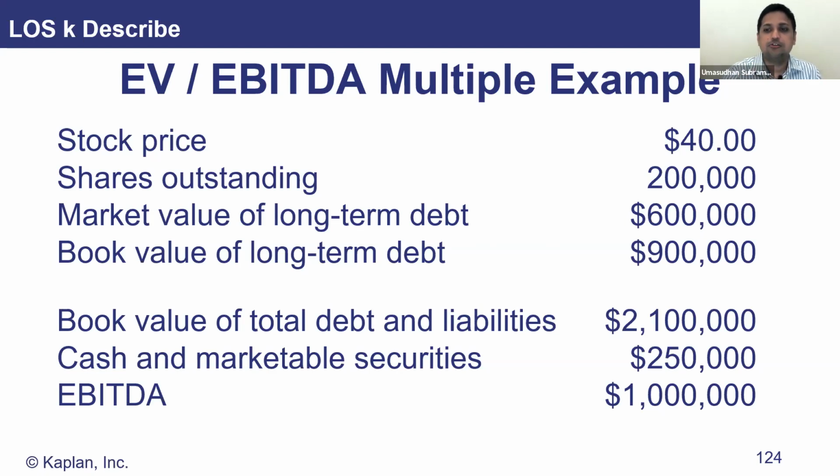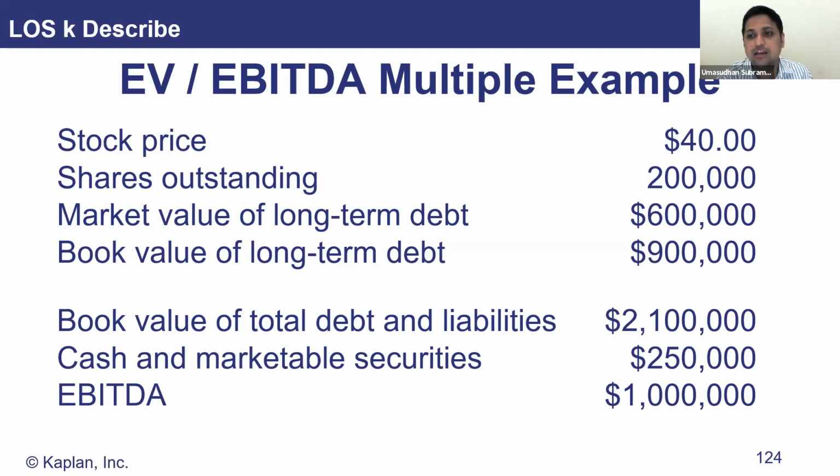However, there is a short-term debt for which the market value is not given. So I would assume that the market value of short-term debt and the book value of short-term debt are one and the same. In this particular case, your book value of long-term debt is $900,000, right? And book value of the total debt and liabilities is 2.1 million.